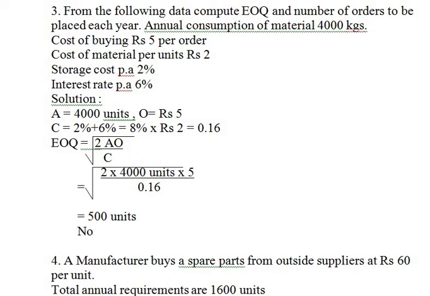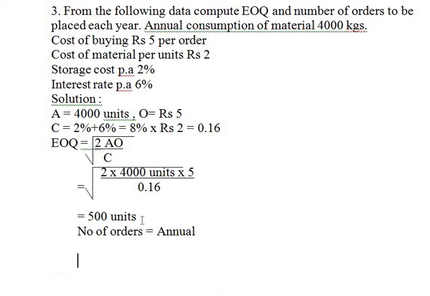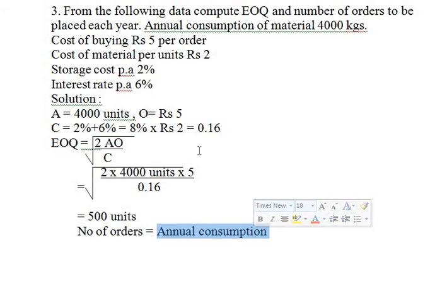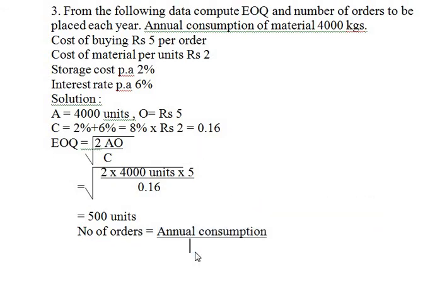So next line, number of orders is equals to annual consumption divided by EOQ.